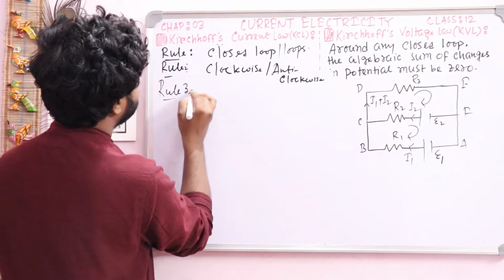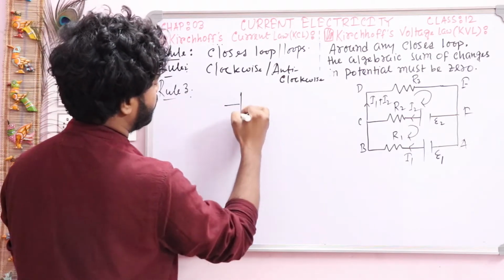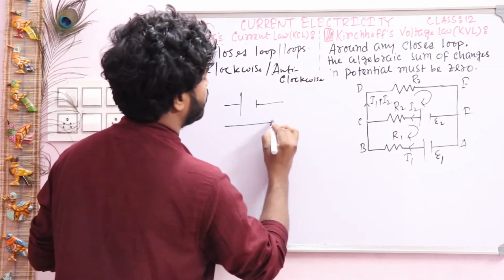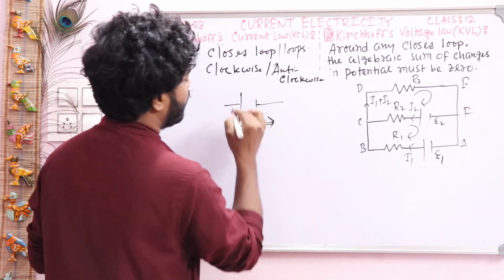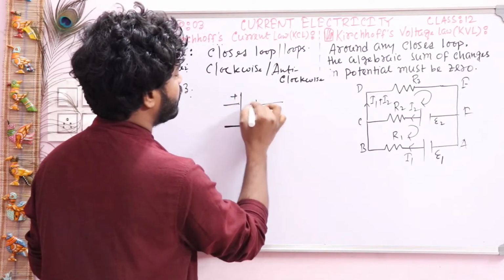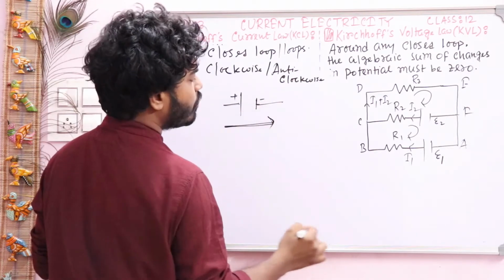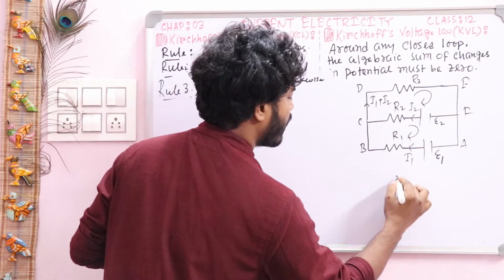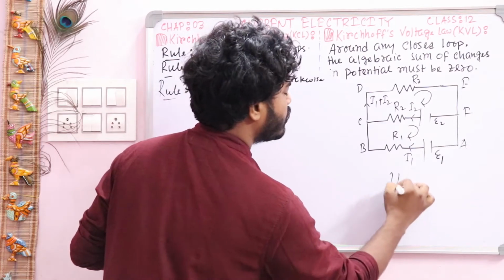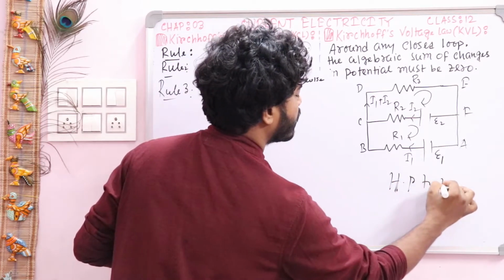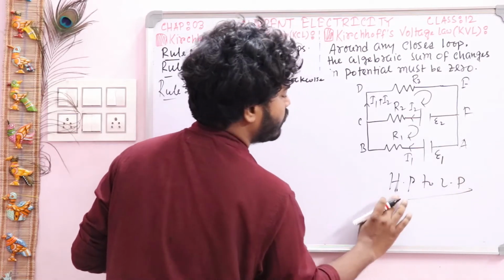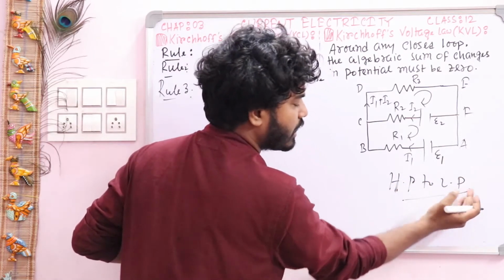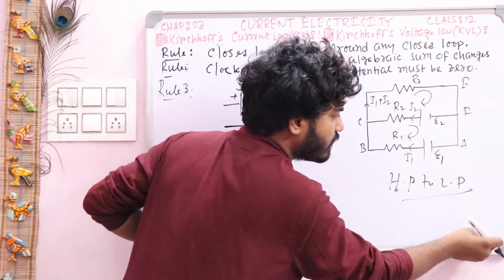Suppose this is our cell and you are going in this direction, and this is the positive terminal and this is the negative terminal. All of you know the basic concept that current always flows from higher potential to lower potential, that means potential decreases.